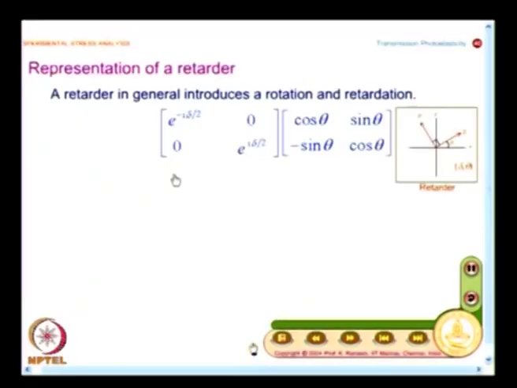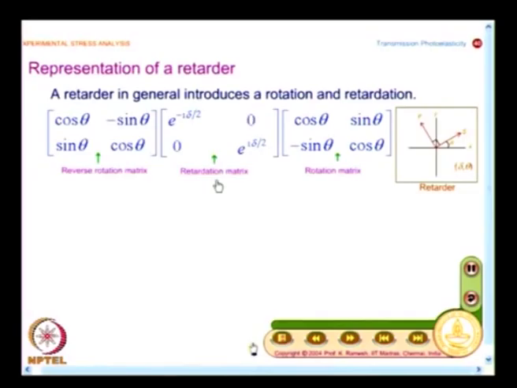So, now I will also have a reverse rotation matrix. I have a rotation matrix as light hits the retarder. Within the retarder, it introduces a retardation, and whatever modification has been done by the model, I want to refer it back to the original reference axis x, y.